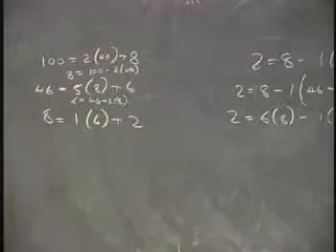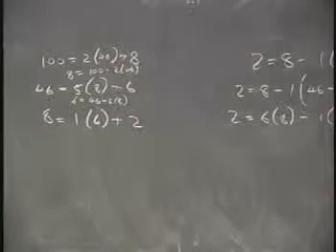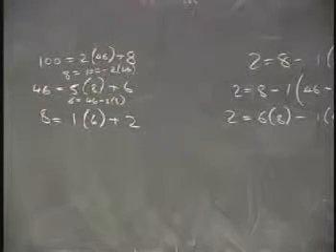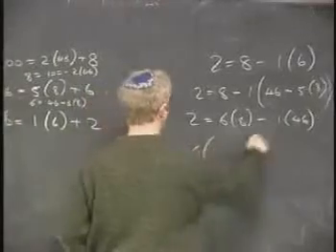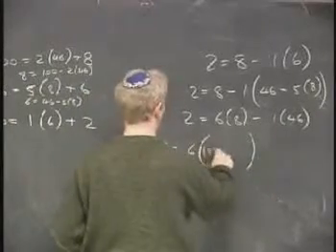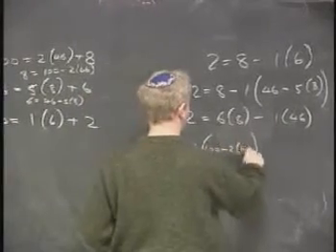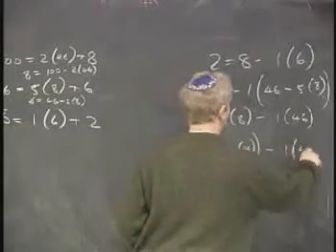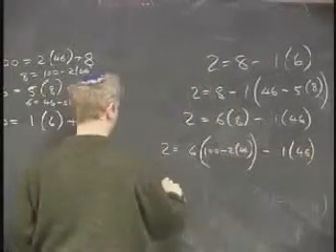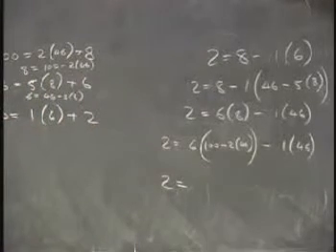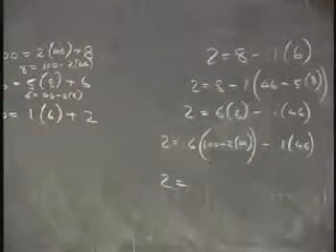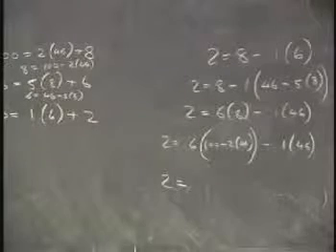Well, there it is. That line tells us the relationship between 8s and 46s and 100s. So 8 is 100 minus 2 times 46. 2 equals 6 times (100 minus twice 46) minus 1 times 46. So 2 equals, now you can combine everything together. Did we do it all right? Did I make any mistakes? I hope not.